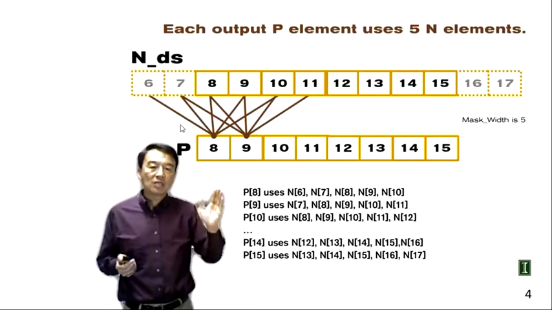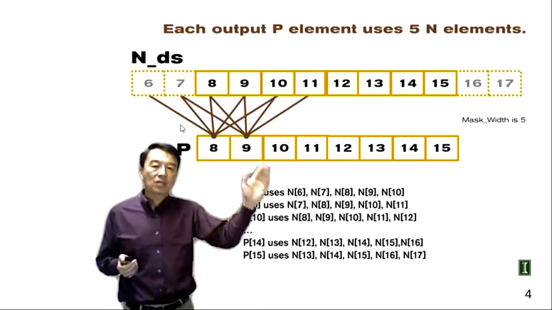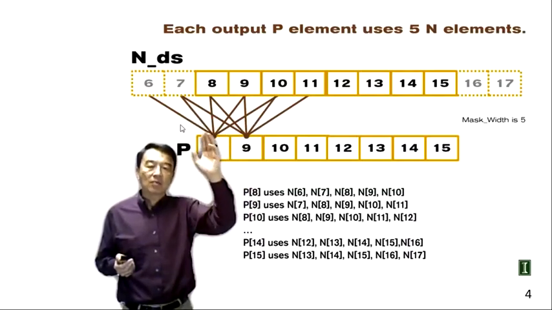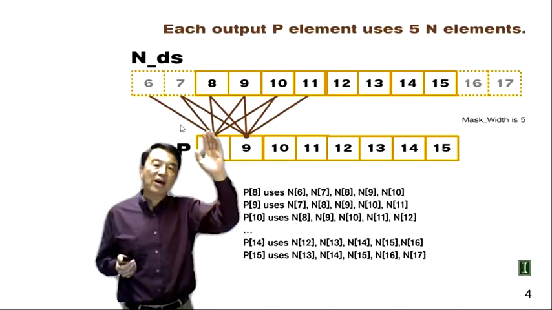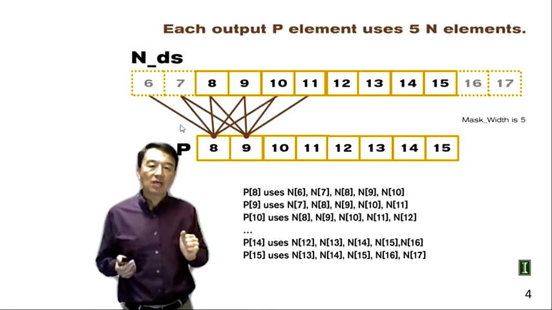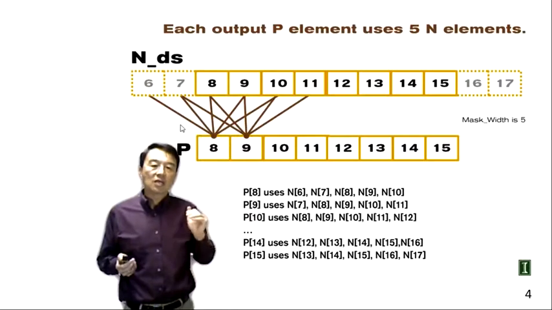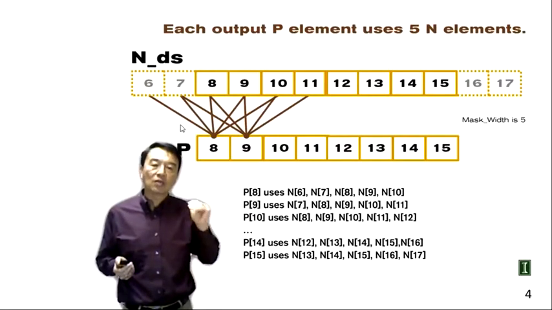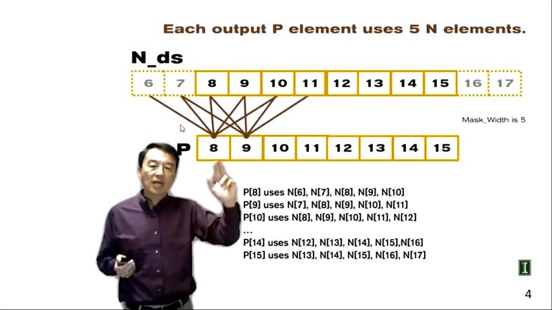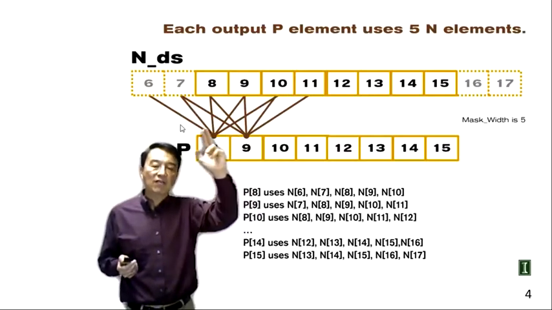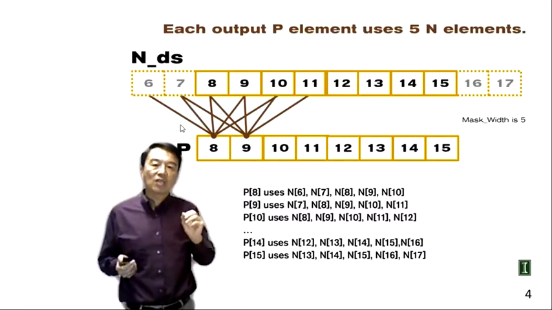As we can see, every output element is going to require global memory access of 5 input elements. So this leads to the conclusion that we're going to need 8 times 5 memory accesses if we did not have the input tile in the shared memory.